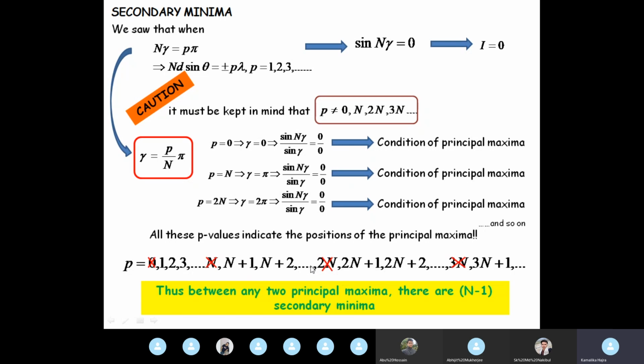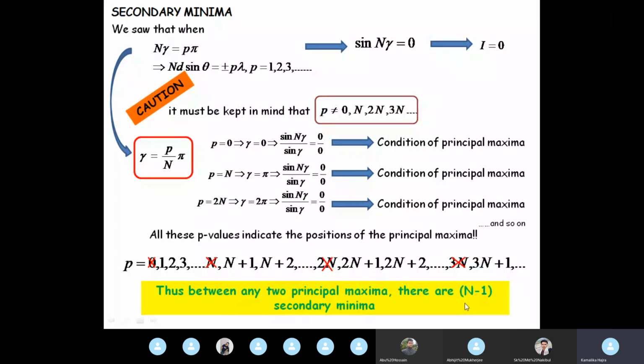So again, N minus 1. All right, principal maxima at 2N, principal maxima at 3N. So in between, how many minima? 2N plus 1, 2N plus 2 up to 3N minus 1. So again, N minus 1. So in between any two principal maxima, there will be N minus 1 number of secondary minima.